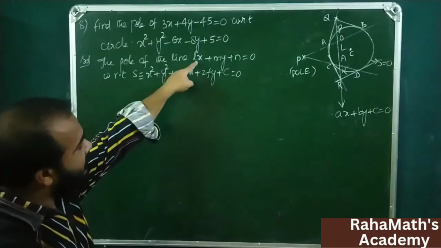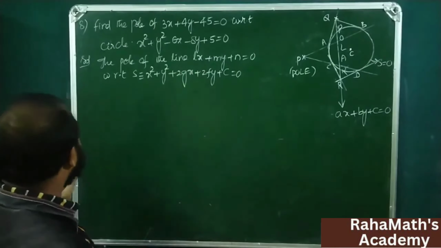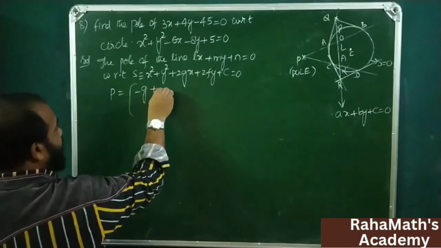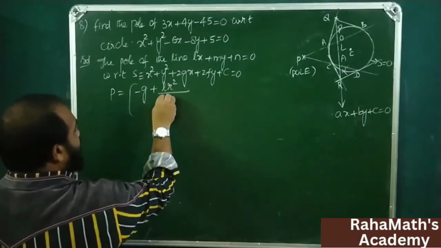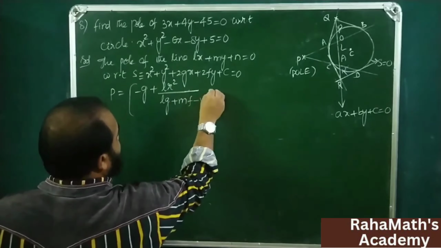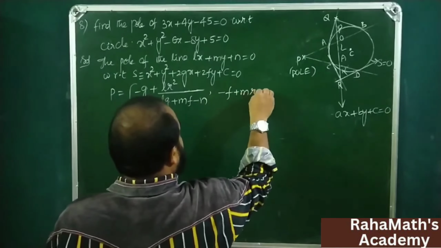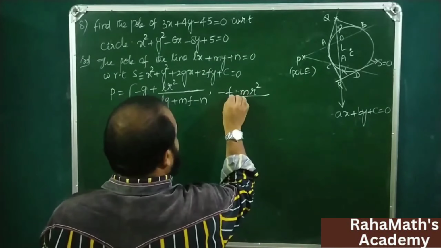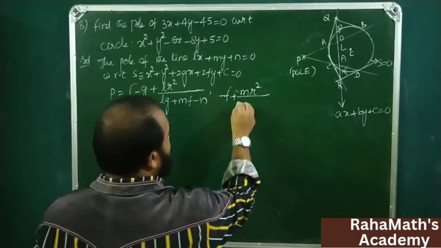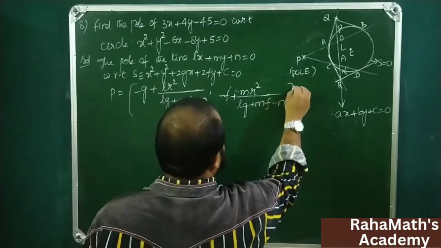The formula is minus l r square by n, minus m r square by n. So for this, the pole is P equals (minus g plus l r square by (lg plus mf minus n), minus f plus m r square by (lg plus mf minus n)).